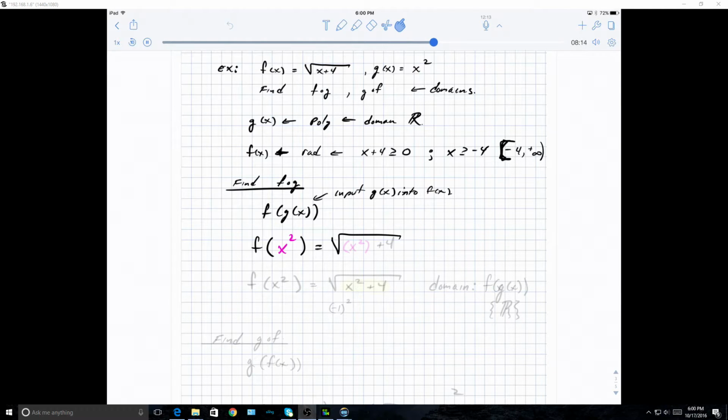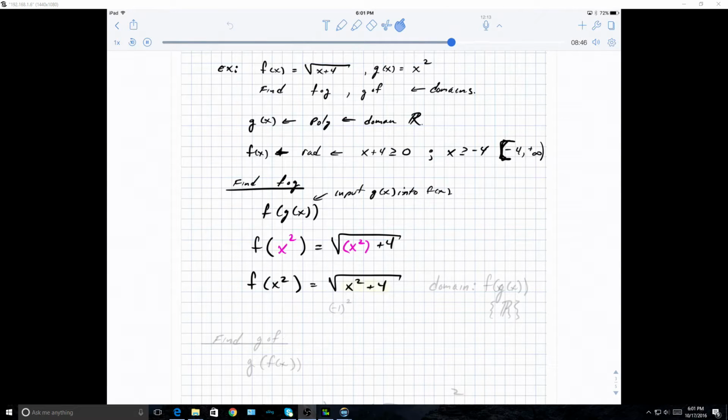So that means that we have, maybe I'll use parentheses, even though we really don't need it here, x squared plus 4. So all we did was input x squared into the function here. Therefore, f of g of x is going to be equal to the square root of x squared plus 4.